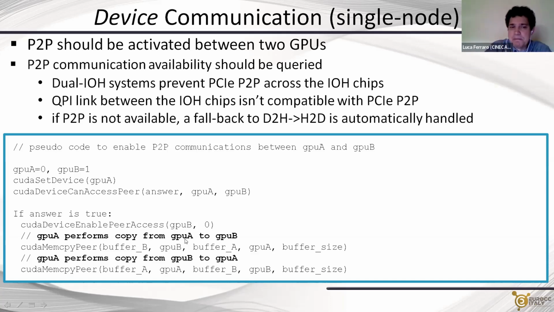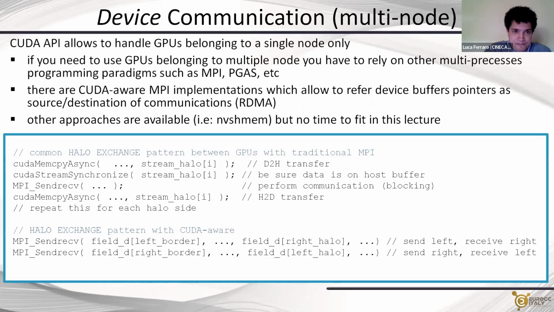If this peer-to-peer link is not available, these calls will be translated into a device-to-host copy and a host-to-device copy, automatically handled. But performance will be poorer.